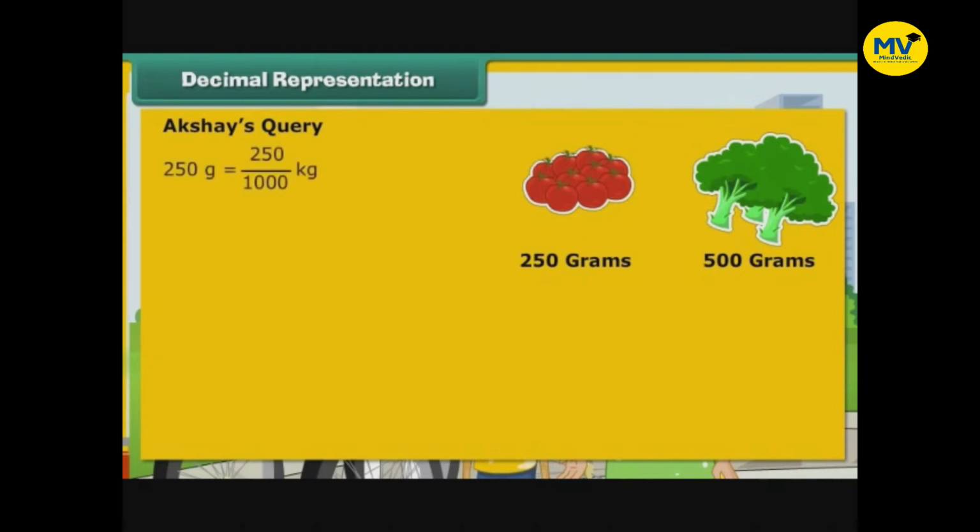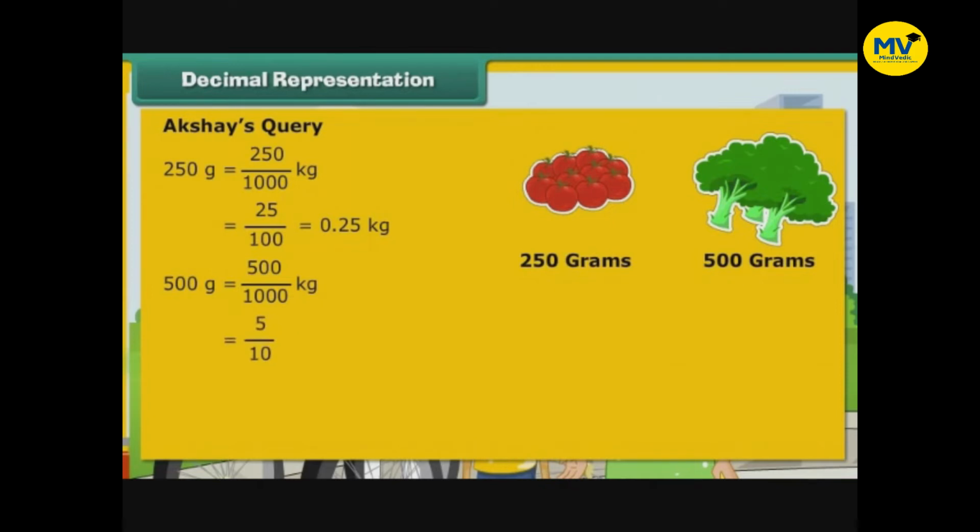250 gram is equal to 250 by 1000 kg. That is equal to 25 by 100 kg. That is equal to 0.25 or 1 by 4 kg. 500 gram is equal to 500 by 1000 kg.